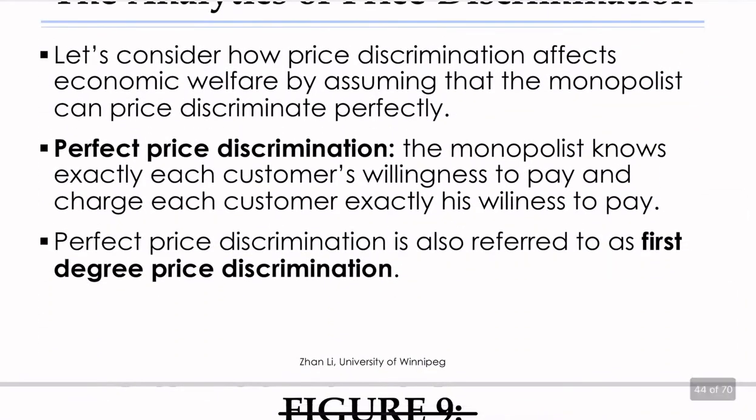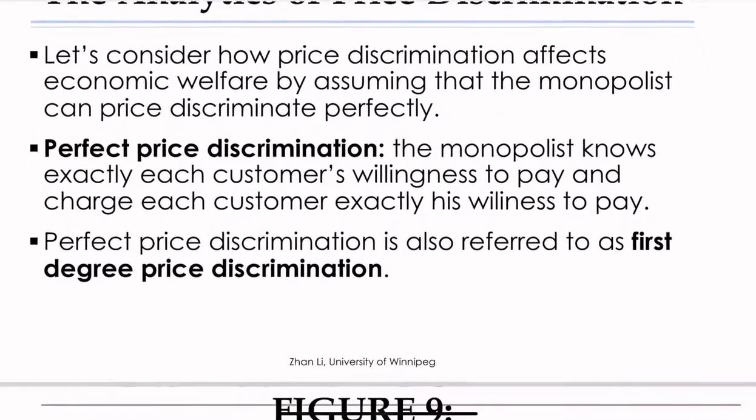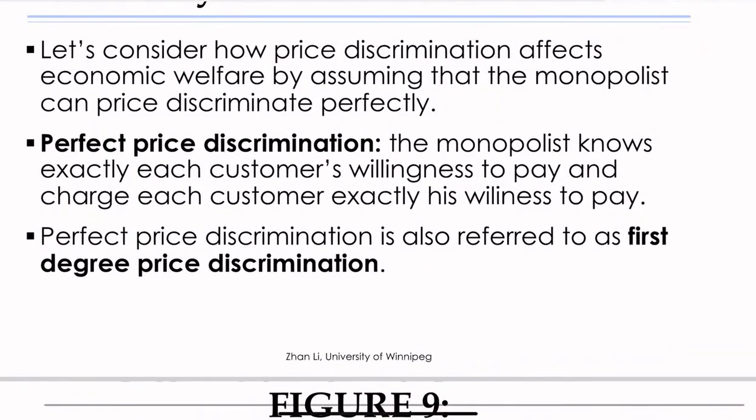Now, let's formally talk about price discrimination. There are several different kinds of price discrimination, and we will start from the first degree. So obviously, you can imagine that after talking about first degree price discrimination, you can have second and third degree, right?